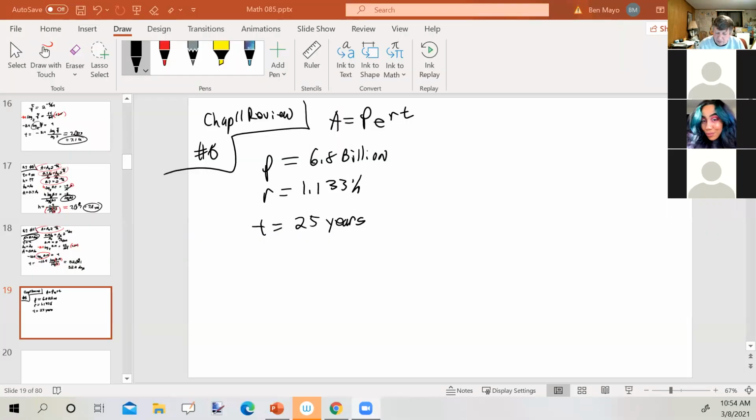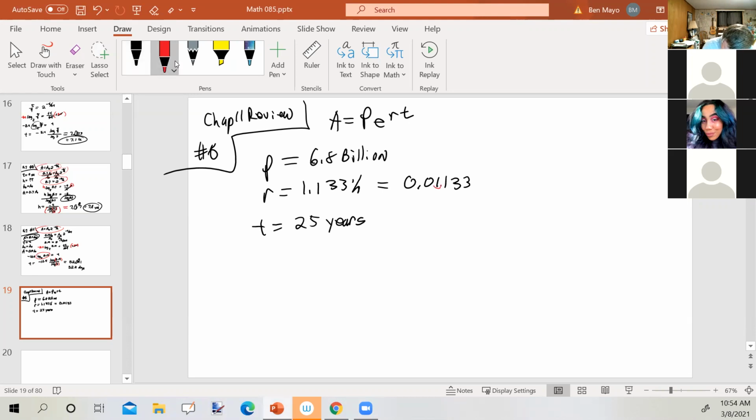Okay, so now again, we're using A equals PE to the RT. So the starting amount is 6.8, it's in billions. The annual growth rate, I'm going to now convert into a non-percent, so that's going to be 0.01133, because you'd move the decimal point over 2 places to the left.